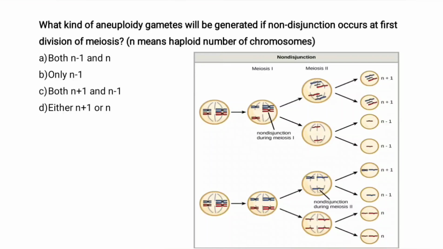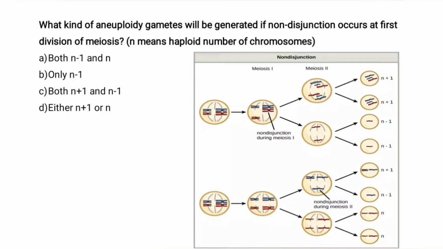What kind of aneuploidy gametes will be generated if non-disjunction occurs at the first division of meiosis? Here in the options, N represents the haploid number of chromosomes. This order of chromosome number includes duplication or loss of entire chromosomes as well as changes in the complete set of chromosomes.